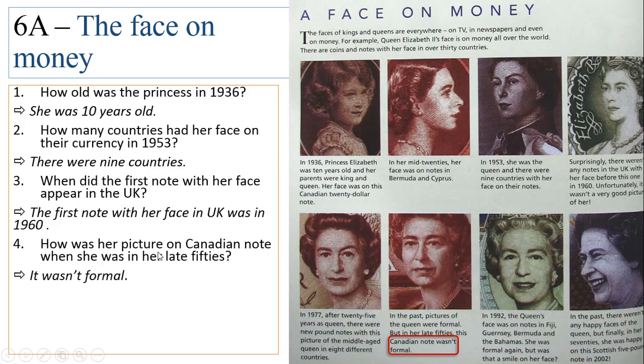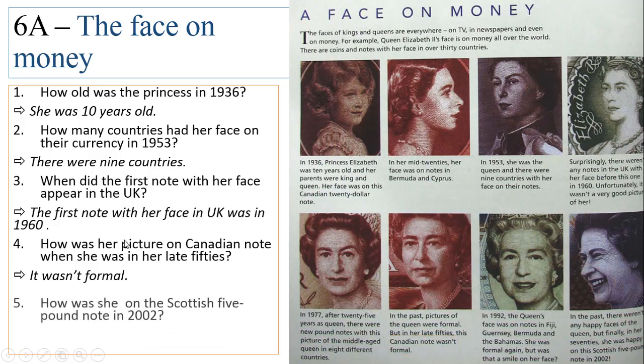So her picture on the Canadian note wasn't formal. What does it say about formal? As you can see here, she looked very formal with her crown and all the things. But in this one, it wasn't formal at all.